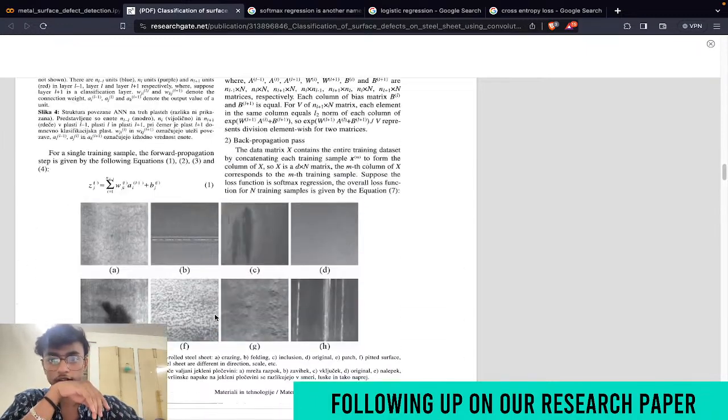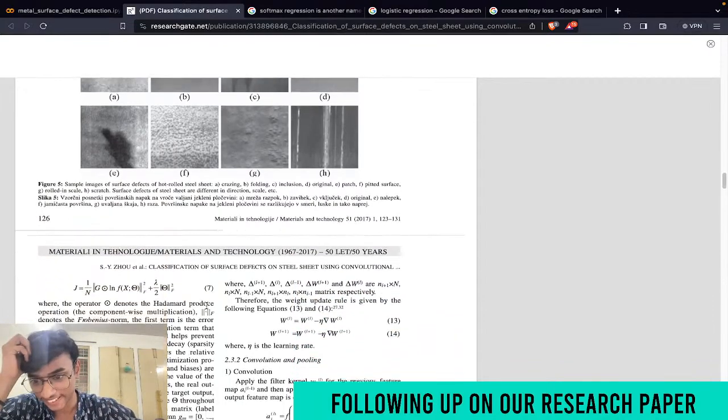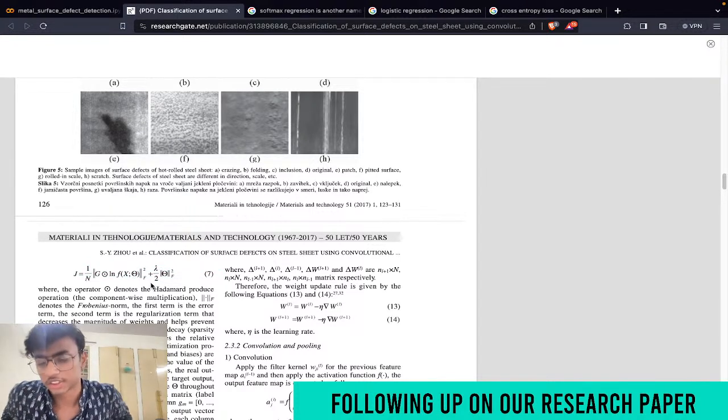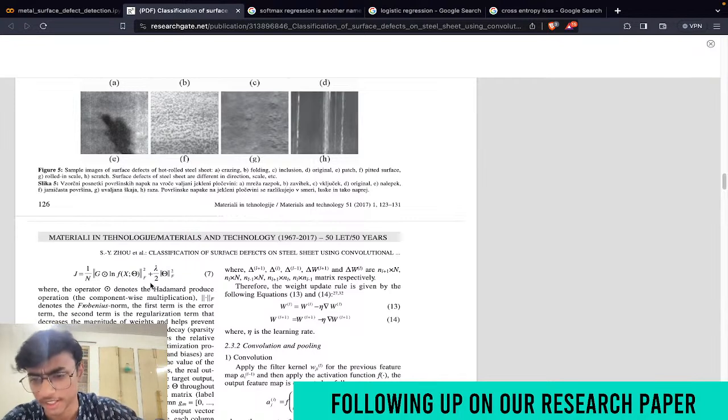Why have they written this like this? ln of f of... Frobenius norm. Okay, that just means that it is similar to, the Frobenius norm is just a 2-degree norm, a second order norm, and it's similar to mean squared error. You can say that.